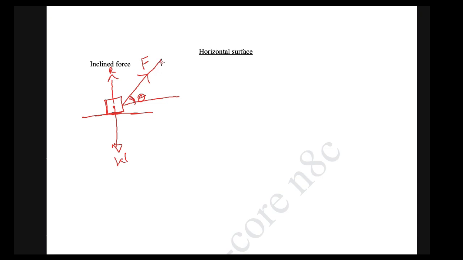So this force has a vertical component, which you're going to call Fy, and a horizontal component in this direction, which we're going to call Fx. Now, since this is the opposite side to the angle, this side is going to equal F sine theta. Then, since this side is the adjacent, this side is going to equal F cos theta. All right, you should know that already.